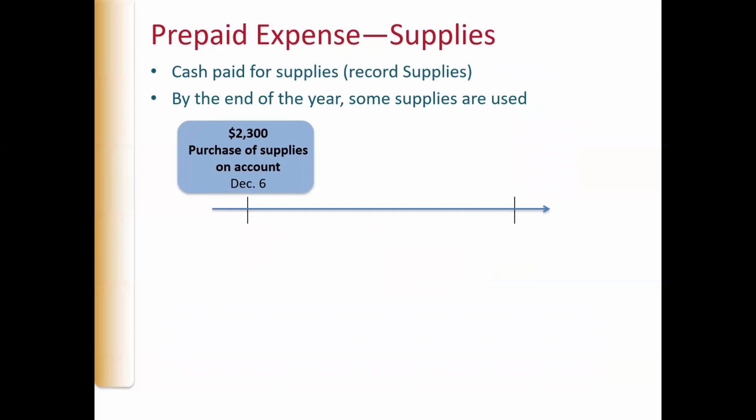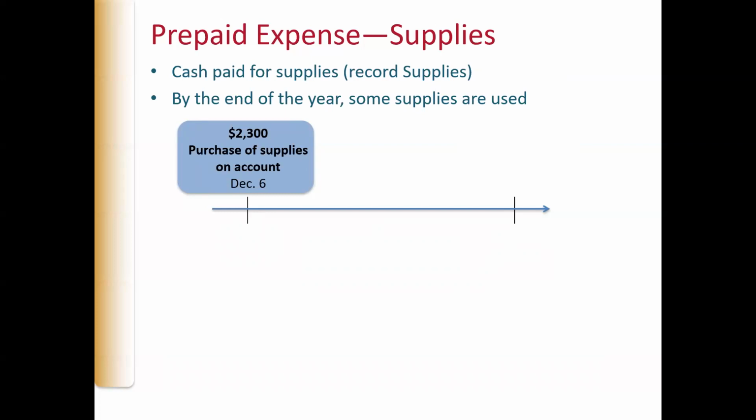Here's another example of a prepaid expense. Cash paid for supplies. Guys, when we purchase supplies in advance, we record supplies and then we credit our cash.